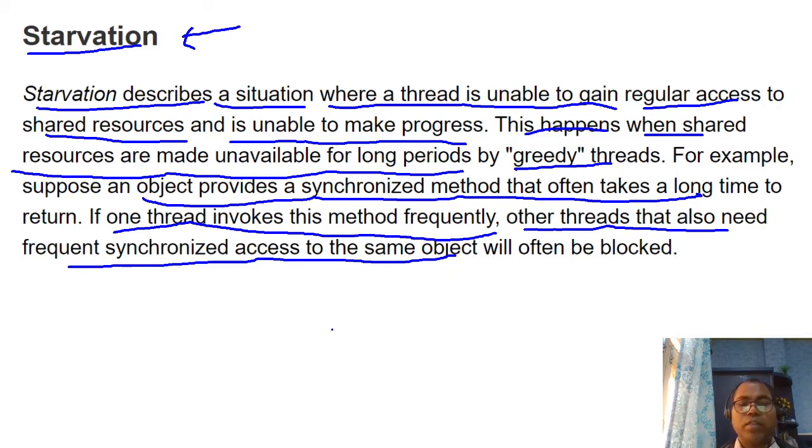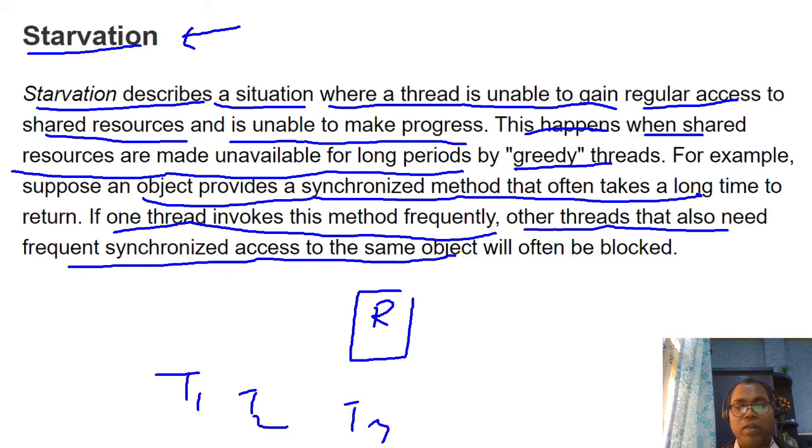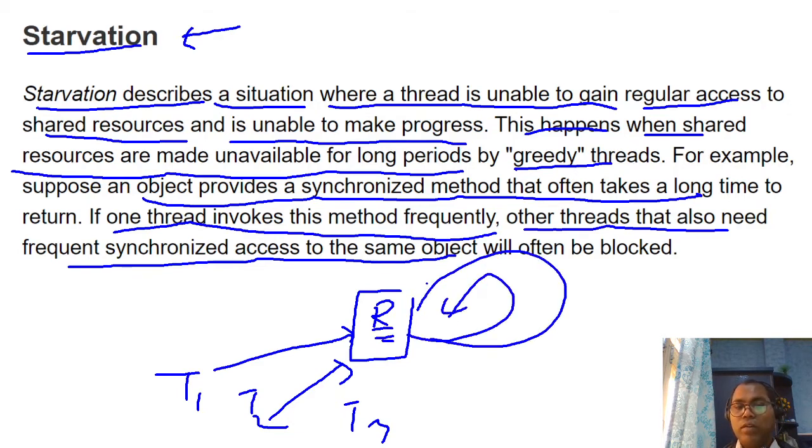That means simply, let's say we have this resource one. We have threads T1, T2, T3. T1 gets the lock and does some work. T2 is waiting to take it, but T1 does not return frequently. Maybe it reentrantly invokes again and again at the same time.